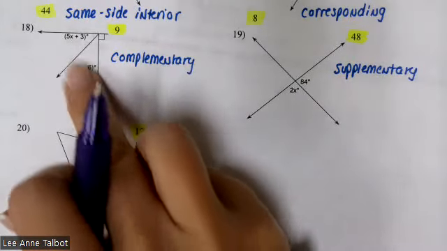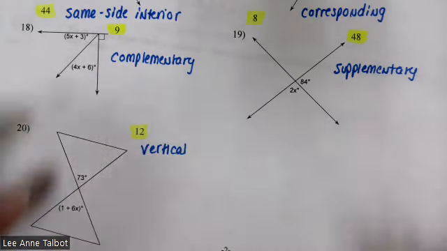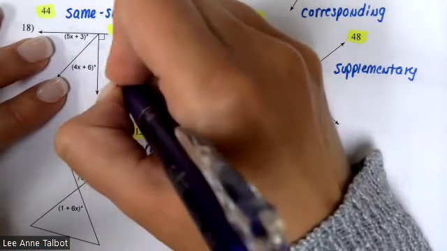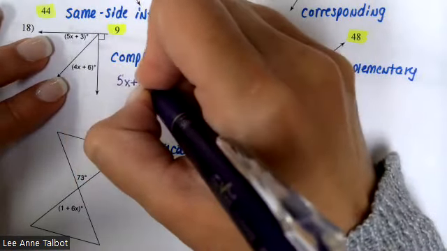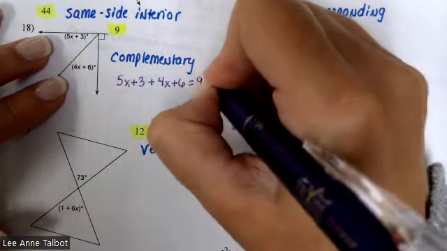Okay, now these two are in a right angle, so that means they're complementary. Complementary ones add to 90 degrees because of the 90-degree angle. So 5x plus 3 plus 4x plus 6 equals 90.